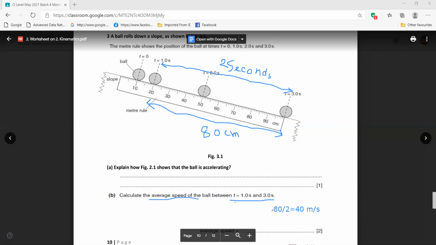No, here they are talking about average speed, right? Here is one. This is mark one, that means already 1 second is done. If you start from here, then 3 seconds. If you start from here, then it is 2 seconds. Okay, wait, 2 minutes.